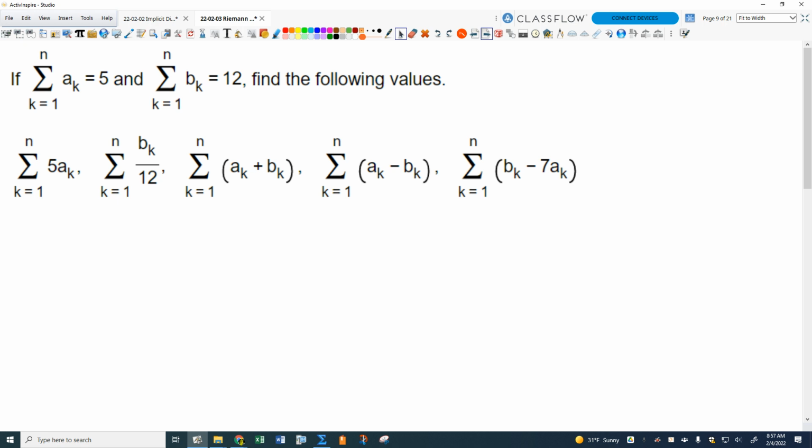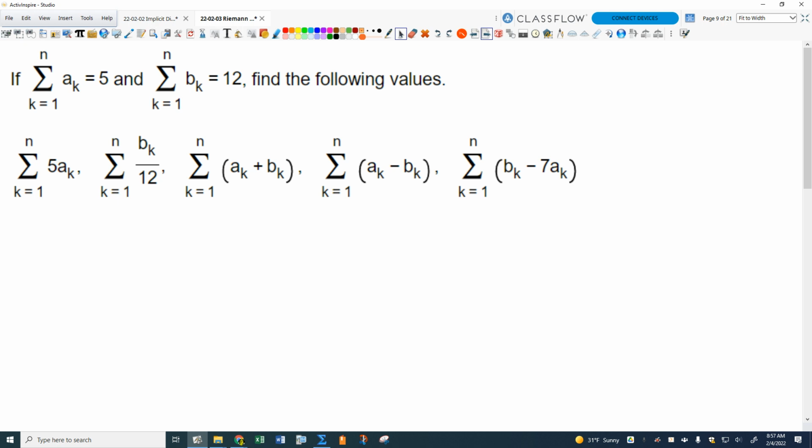So for example, they're telling us that the sum of a sub k, as k goes from 1 to n, is 5. We don't know what the terms are. We don't know how many they are, but they're just telling us that sum is equal to 5. The sum of b sub k, as k goes from 1 to n, is 12. Again, we don't know how many terms there are or what the individual terms look like. We just know what the value of the sum is, right?